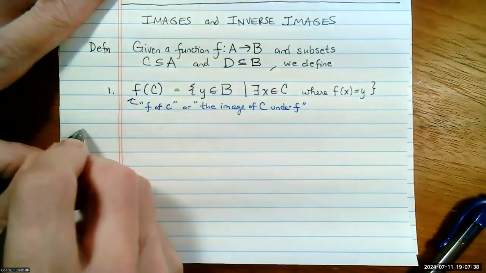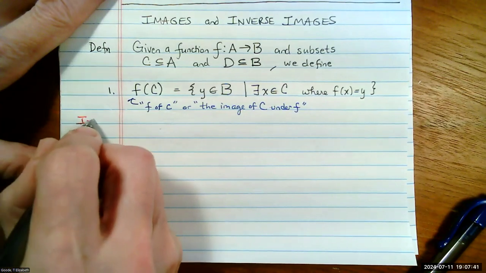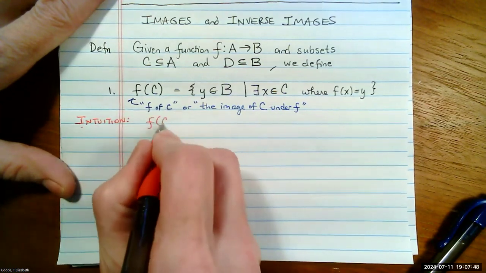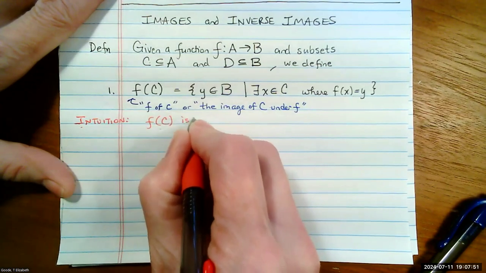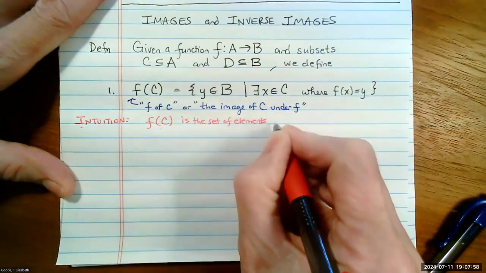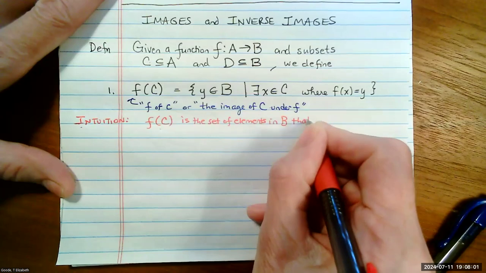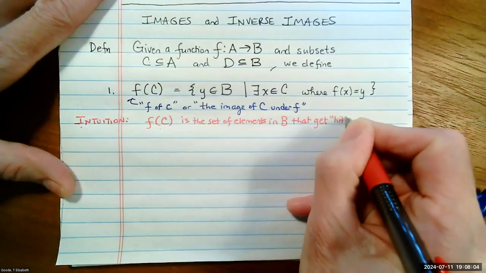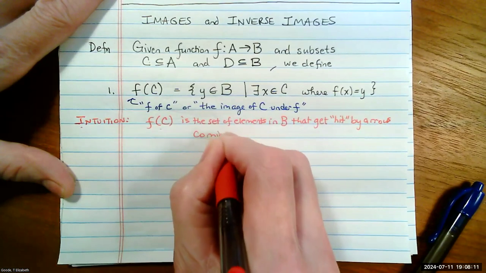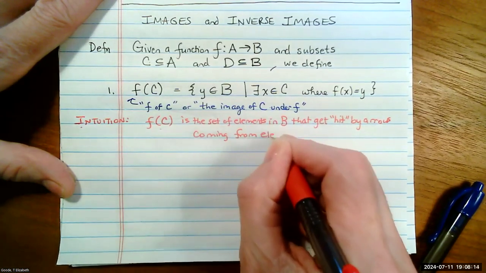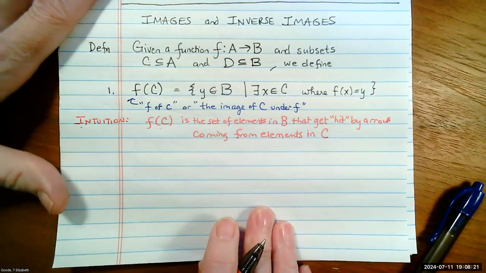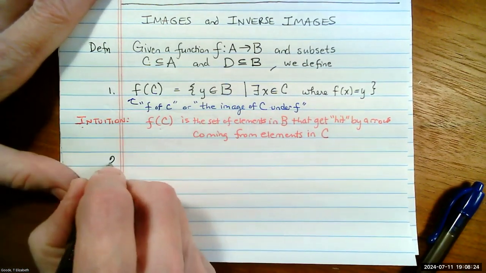And so the intuition behind this, and it is nice to have an intuition: f of C is the set of elements in B that get hit by arrows coming from elements in C.